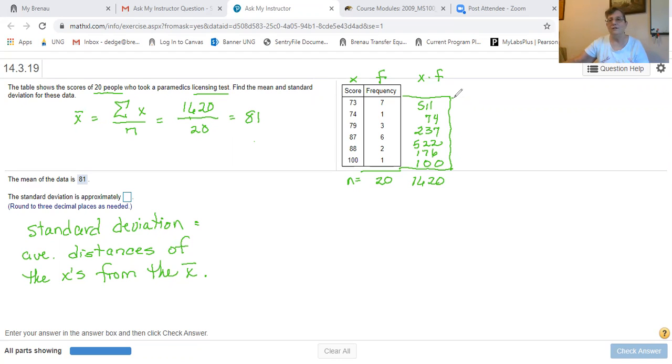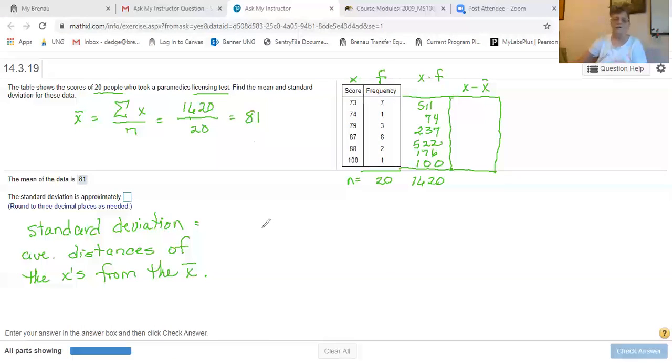So first of all, you want to get the distance between the x value and the average. Keep in mind that there are 20 x values here, 20 scores.